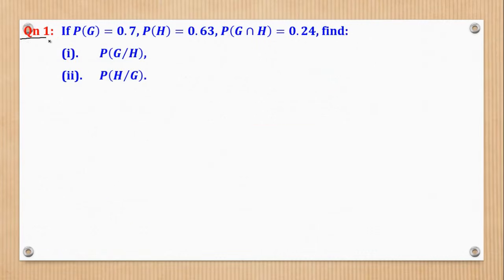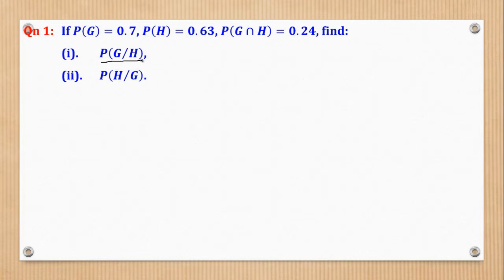Question 1 says, if probability of G is equal to 0.7, probability of H is 0.63, probability of G intersection H is 0.24, find Roman 1, probability of G given H has already occurred, or probability of G/H. It is up to you to pronounce it any way you want.